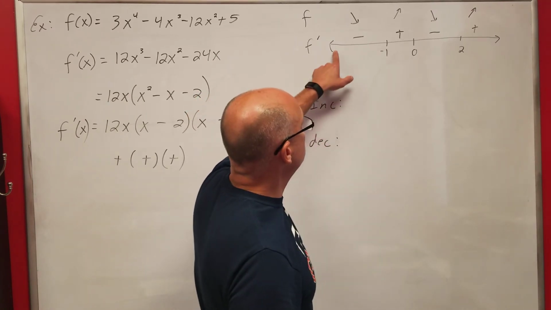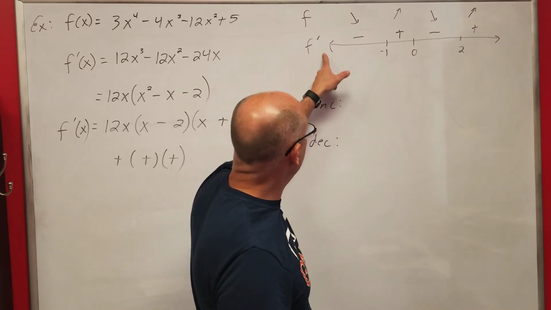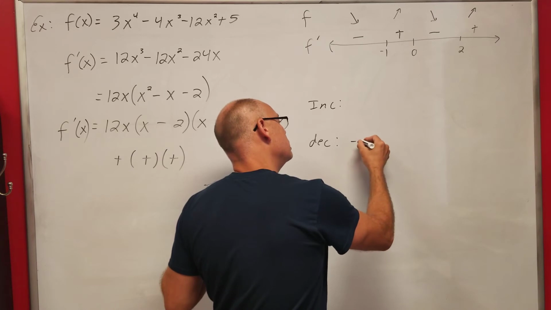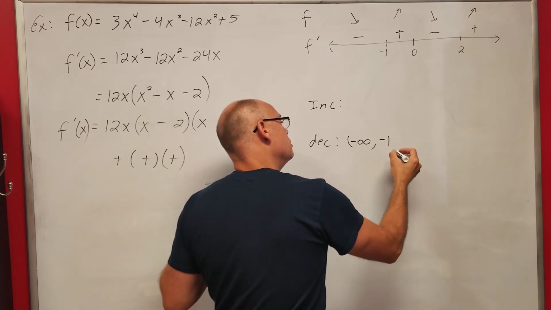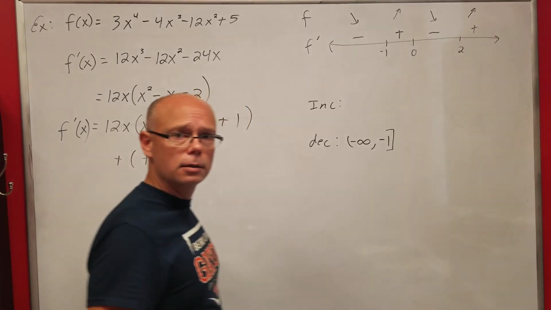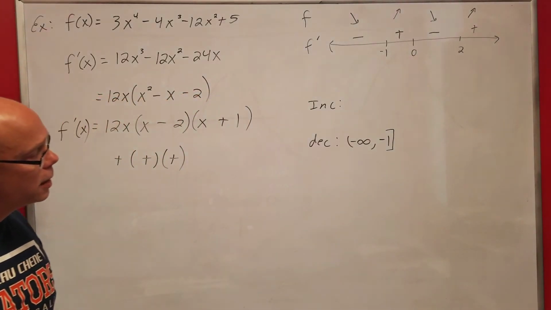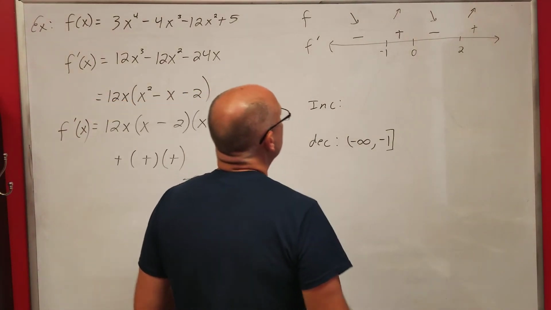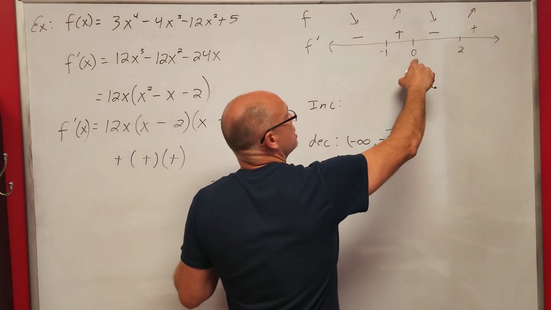It's decreasing right here from negative infinity to what? Negative 1. So negative infinity to negative 1, it is decreasing. And for some reason, this book uses the brackets here, and Wiley Plus is going to make you use the brackets, so get in the habit of that. What happens for negative 1 to 0?